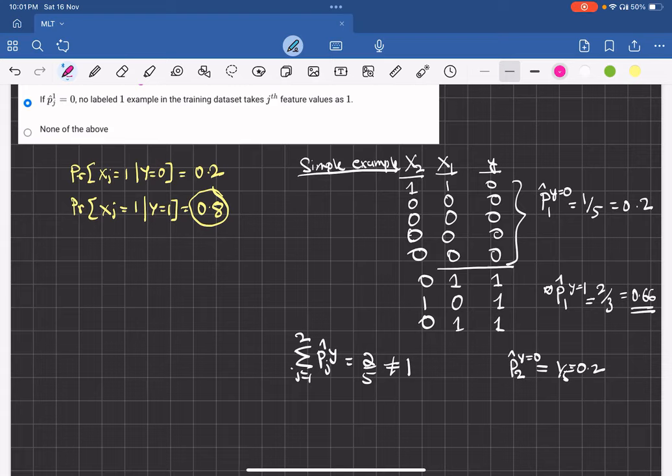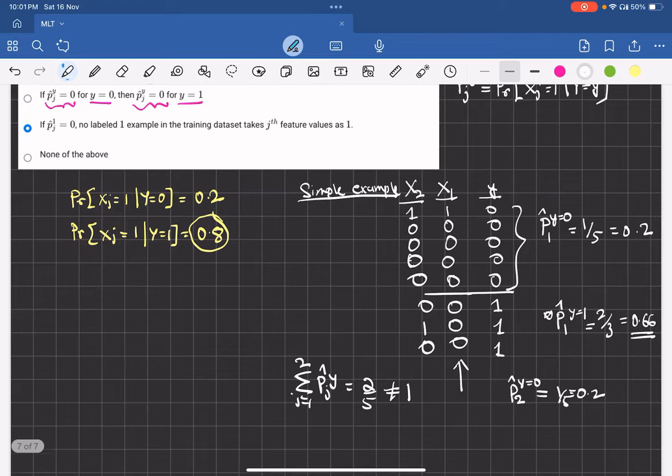Let me modify the data set a little bit. When y is equal to 1, we have say only zeros in x1.